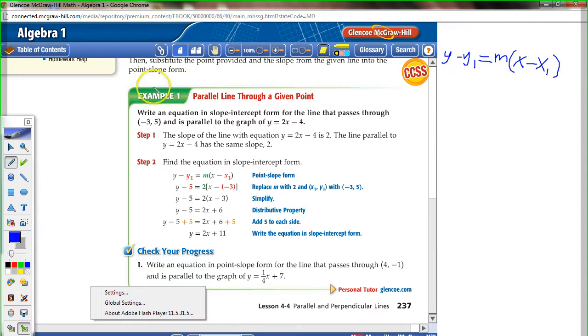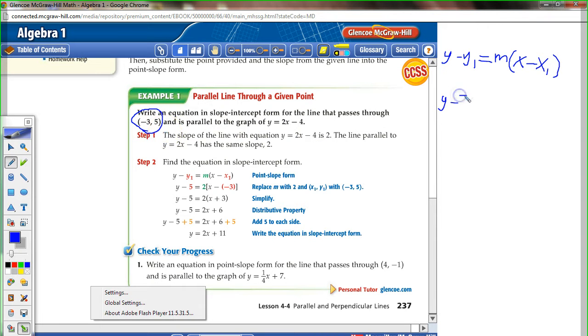Okay, so here they're telling you the point is -3 and 5. That means -3 is the x1 and 5 is the y1. So I'm going to rewrite: y minus your y1, here is 5.